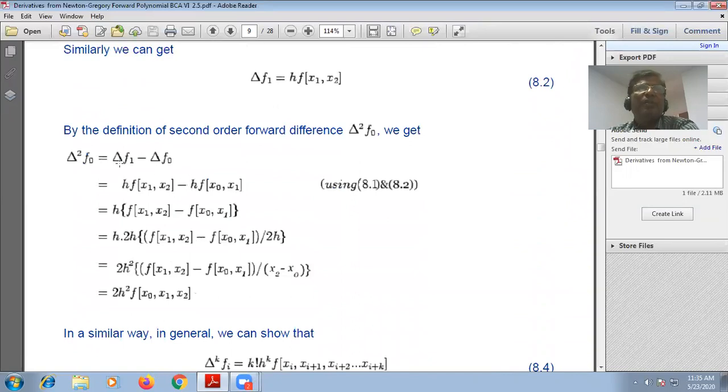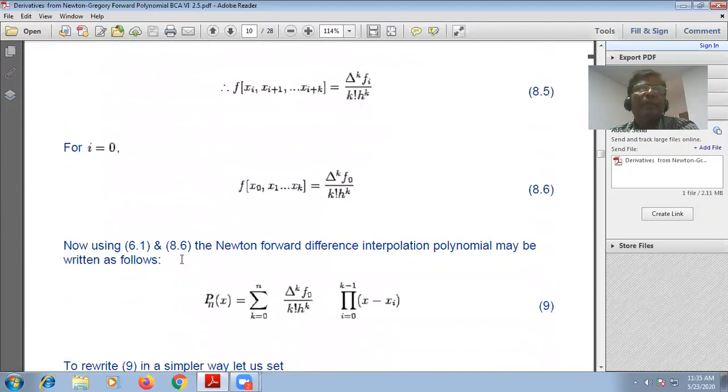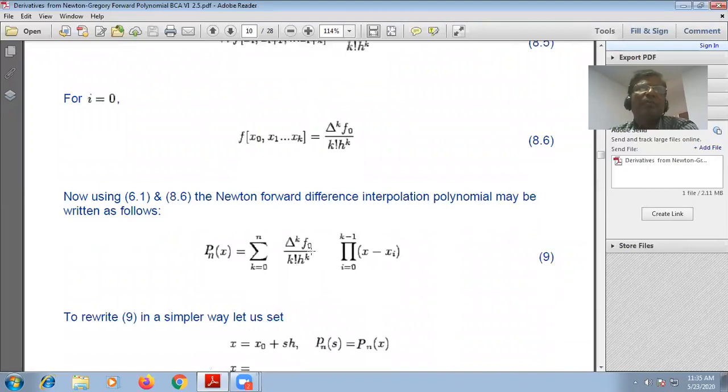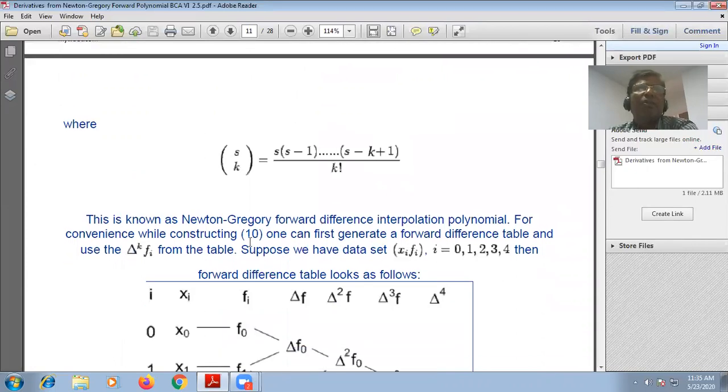By the definition, you substitute the values and get this. The forward difference interpolation polynomial may be written in this form, with the product from 0 to k minus 1. This is known as Newton-Gregory's forward difference interpolation polynomial.